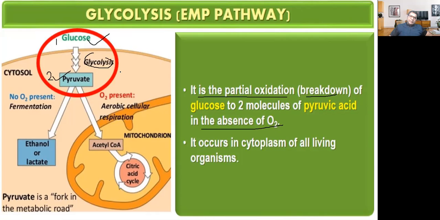Now the question is, where does it take place? It takes place inside the cell, in the cytoplasm. Cytosol means cytoplasm. For glycolysis, oxygen is not required. It occurs in the cytoplasm of all living organisms.